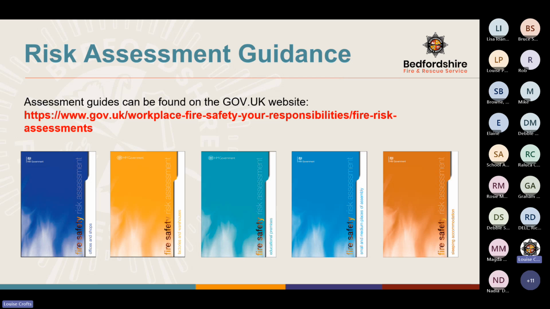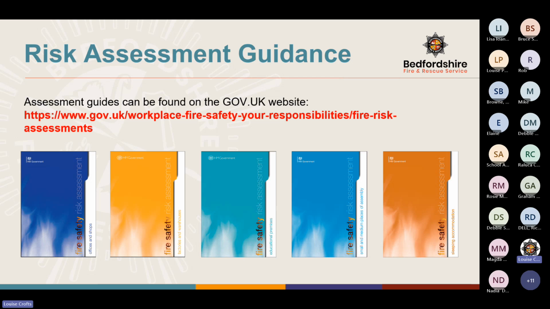So the idea is you pick the guide that's relevant to your premises. If you're not entirely sure, for example, small and medium places of assembly, what exactly does that mean? If you're not sure which guide applies to your premises, open up the guide, and they all tend to follow the same format.